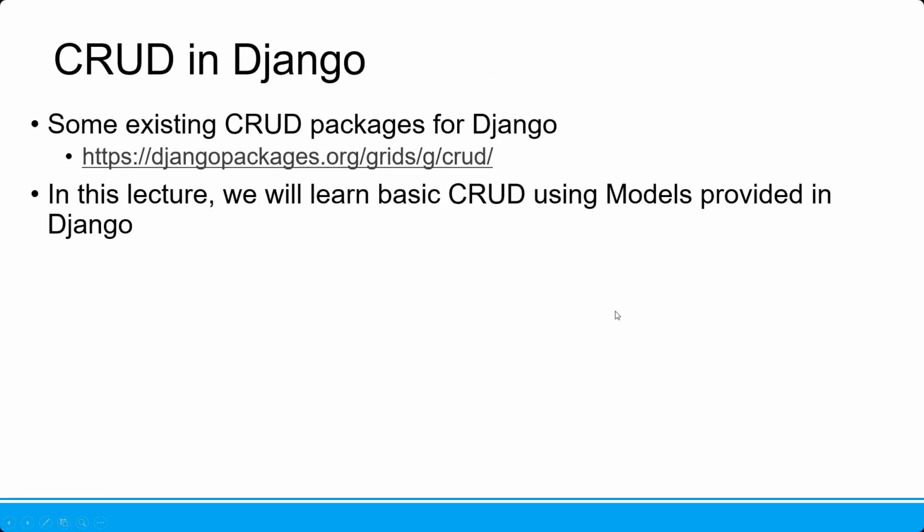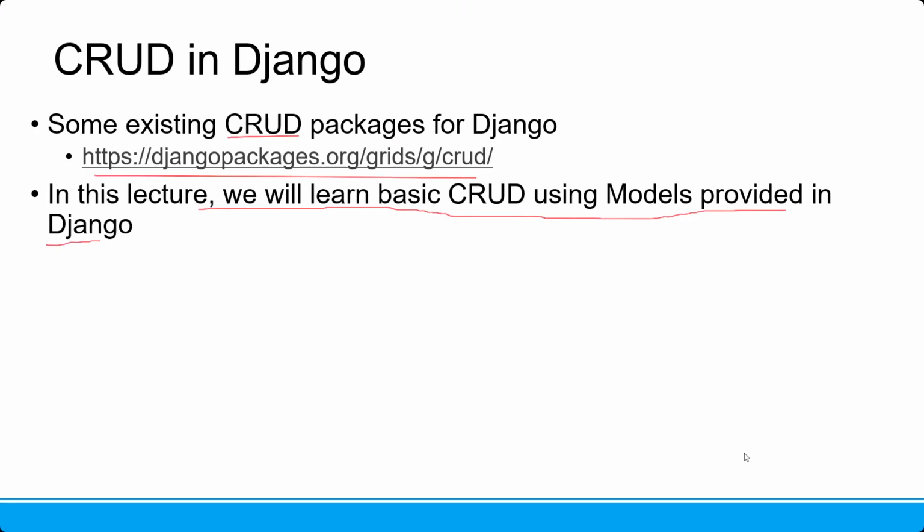So CRUD in Django, actually there are so many things, okay? But I will simplify it into the very basic CRUD for the member registration. You can look at these Django packages for CRUD. In this lecture, we will learn basic CRUD using models provided in Django.